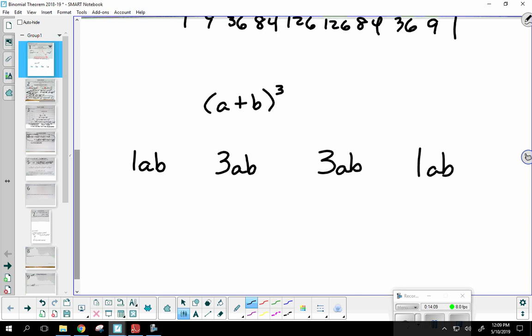The number of terms in your answer is always 1 more than the power you're raising your binomial to. I want this to the 3rd power, so I have 4 terms. Now, what did the first term's power do? It always decreased. So if I start with 3, this would be 3, 2, 1, 0.